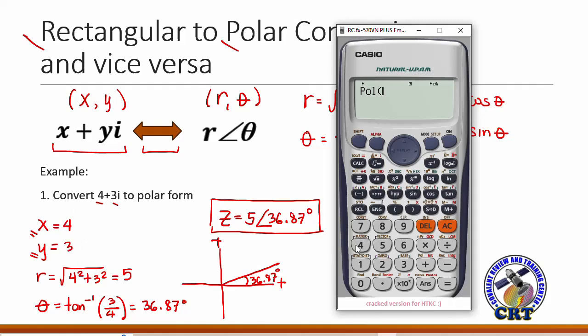So this is 4 comma 3. Then put a close parenthesis and press the equal sign. It will show the value for r, which is 5, and theta, which is 36.87 degrees.